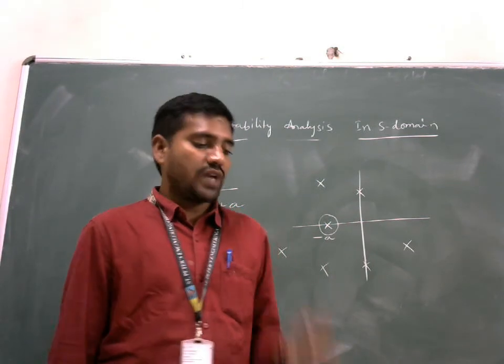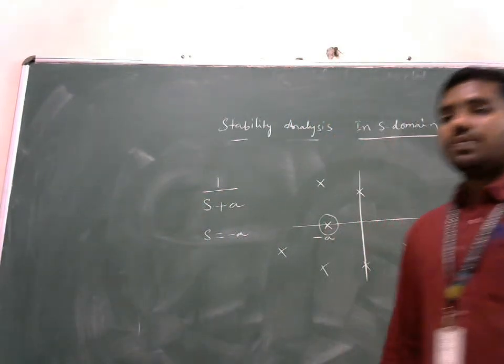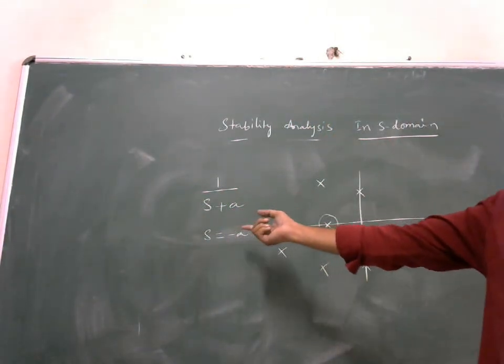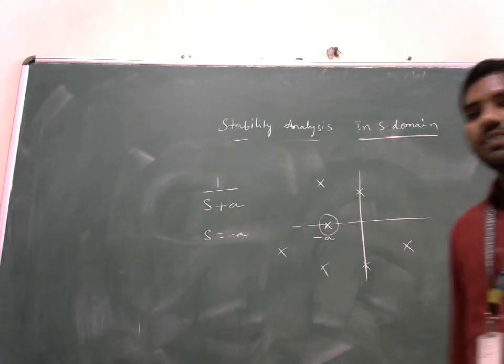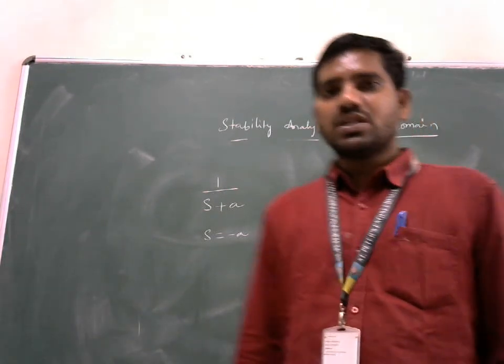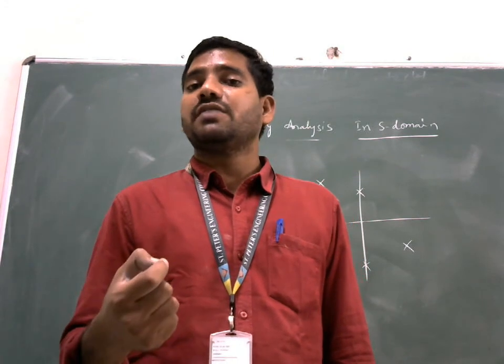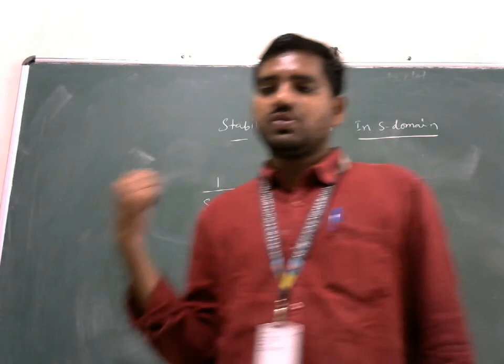Now, why can we not use this method? For a simple equation we can find the roots very easily. But for a fifth order or eighth order system, finding the roots or poles becomes a very laborious process, so we are not going to use this type of method.